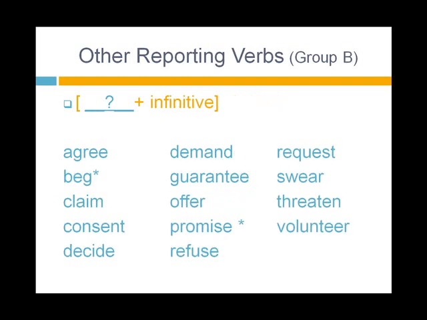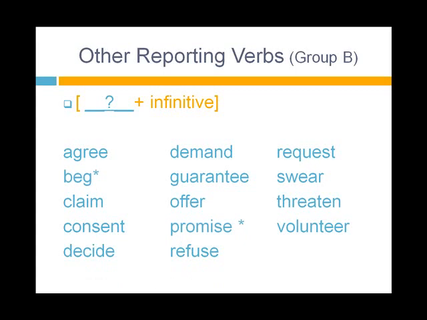In Group B, we have verbs that are followed by an infinitive. Agree to do something, beg to do something, claim to do something, etc. Now some verbs belong to more than one group. For example, beg and promise can also use the structure we saw in Group A. You can beg or promise someone to do something.